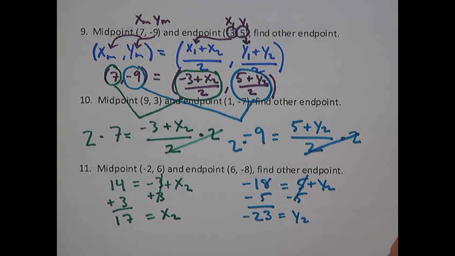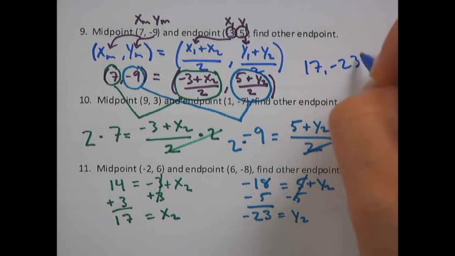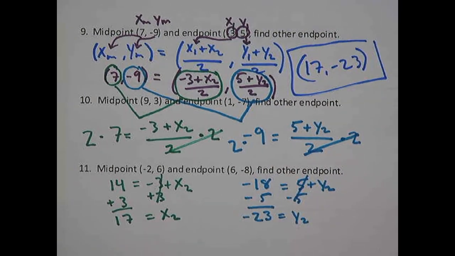All right, so negative 23 equals y2. So now we have our x coordinate and our y coordinate for our final answer. Our final answer is going to be a coordinate point. It's 17, negative 23. That is our final answer.